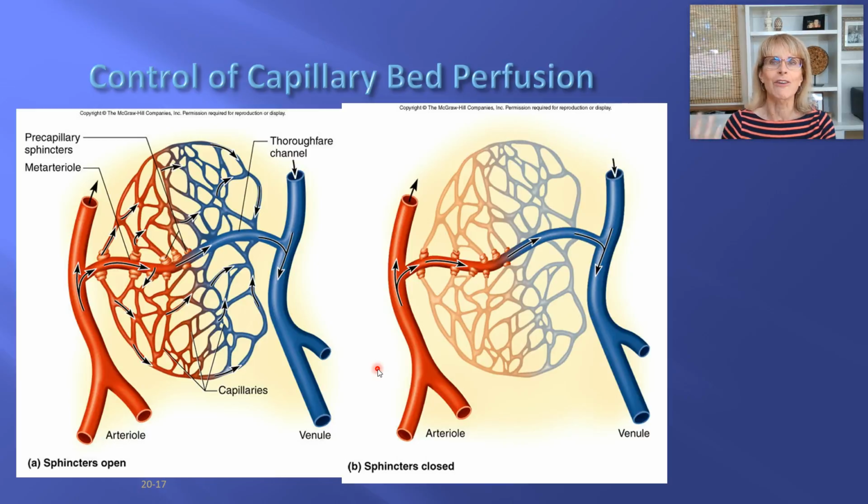Let's imagine they're your skeletal muscle cells. The cells that are living right there are the ones that know whether they need more oxygen and whether they need more glucose, right? So wouldn't it be swell if it would be those cells that were somewhat in charge of whether blood is going through this area or not?